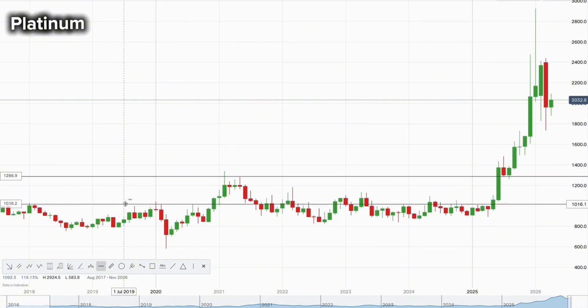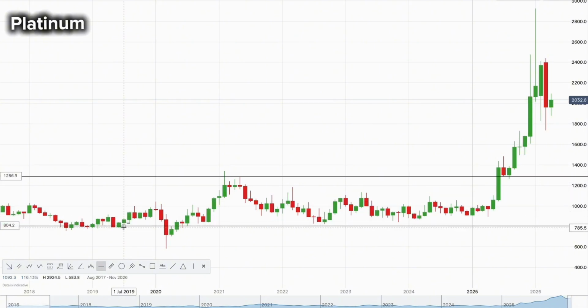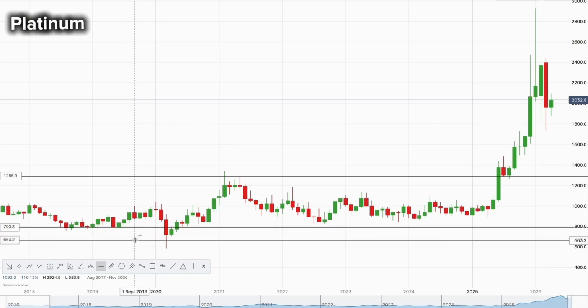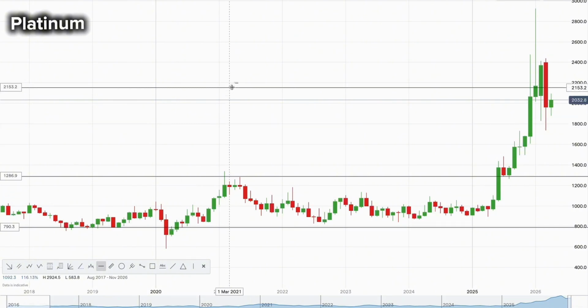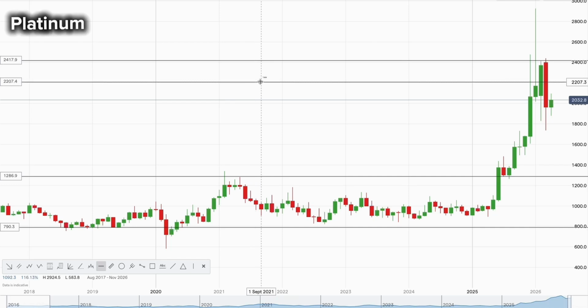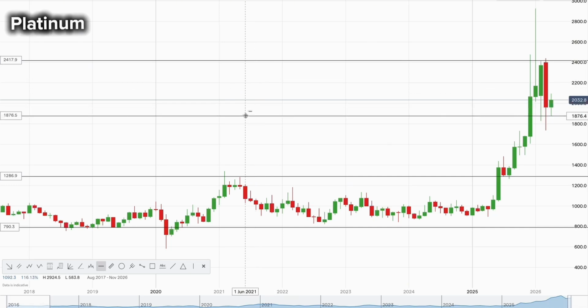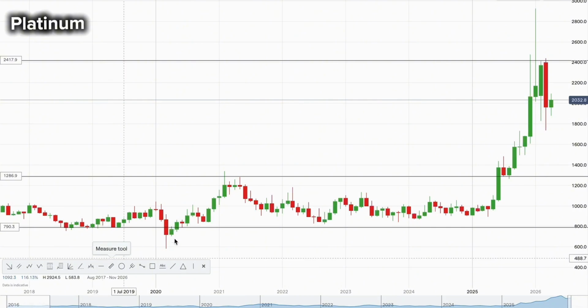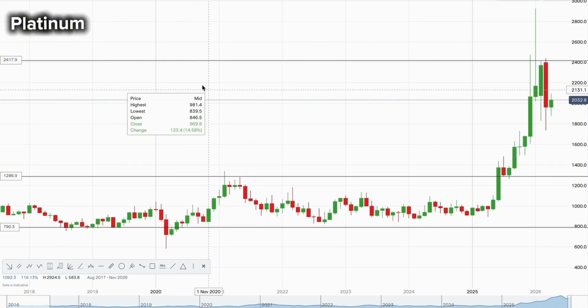So the first line I'd like to put in is the base and the top, which gives us a clear indication of supports and top area and areas of breakout. Once we've done that, we'll then see what else we can find.